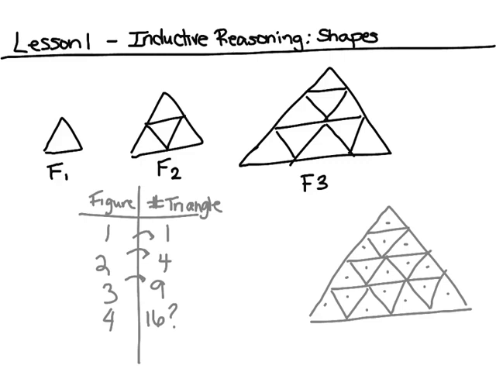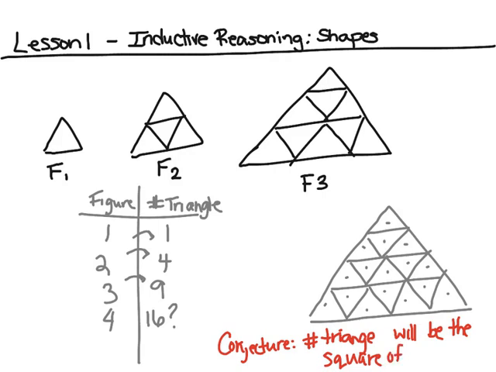So our conjecture, except I spelt it wrong, is that the number of triangles will be the square of the figure number. So we want to use this conjecture to find the 10th. So using our conjecture, the 10th triangle would have 100 triangles in it.